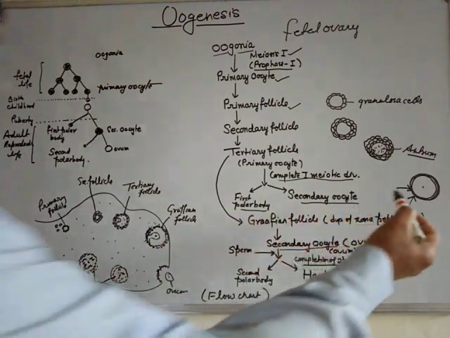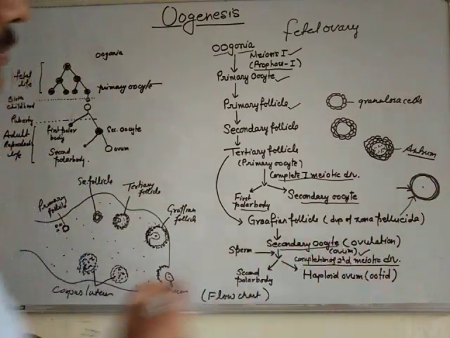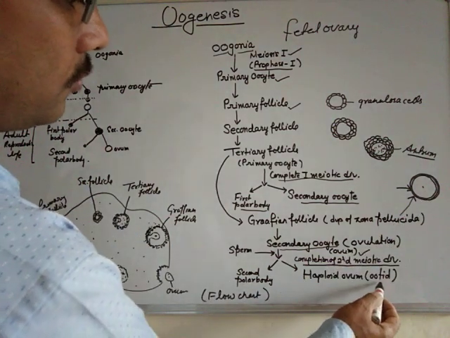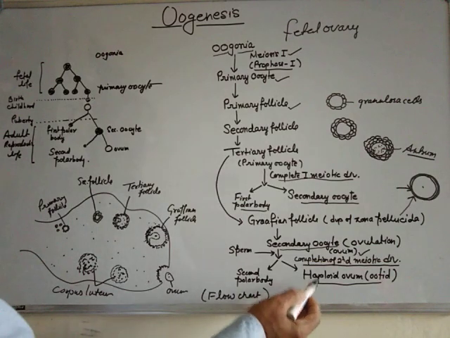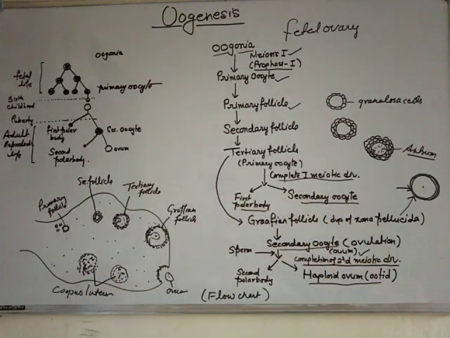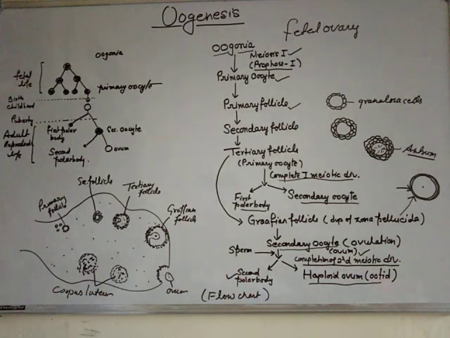Now when the sperm enters the secondary oocyte, that is the ovum, what happens then? Again it gets divided into a haploid ovum and the second polar body.